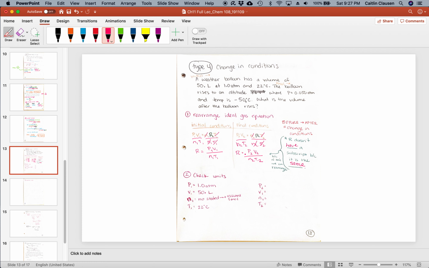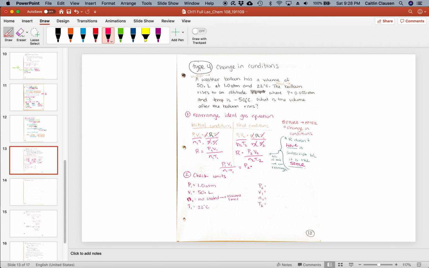Since R equals both things, that means that I can set these equal to each other. The initial conditions have to equal the final conditions. You can kind of think of it like a ratio. As one of these things changes, everything else has to change accordingly.